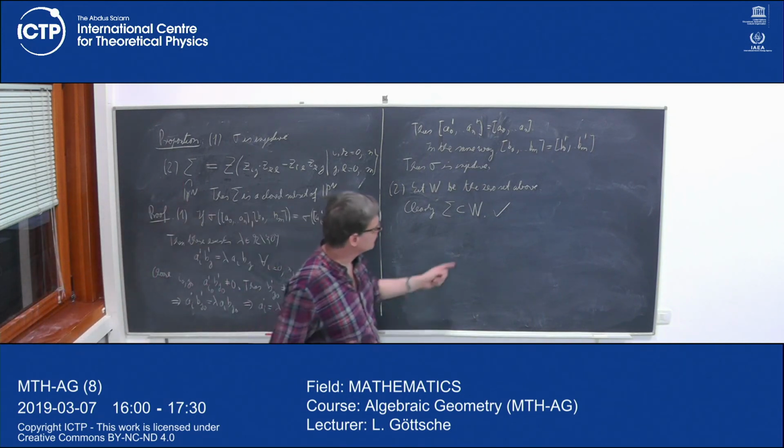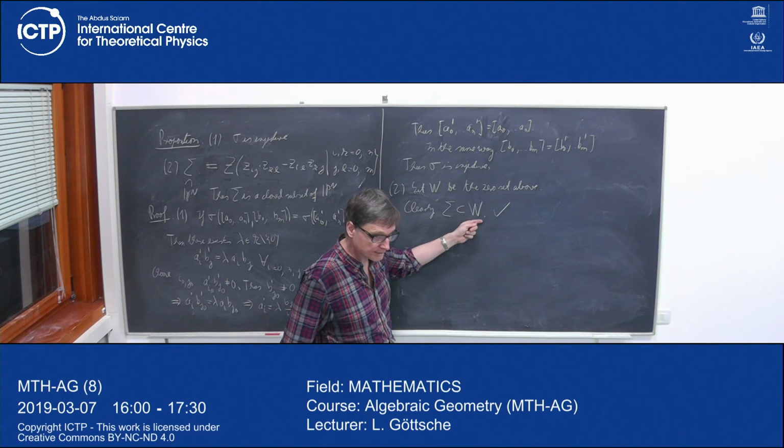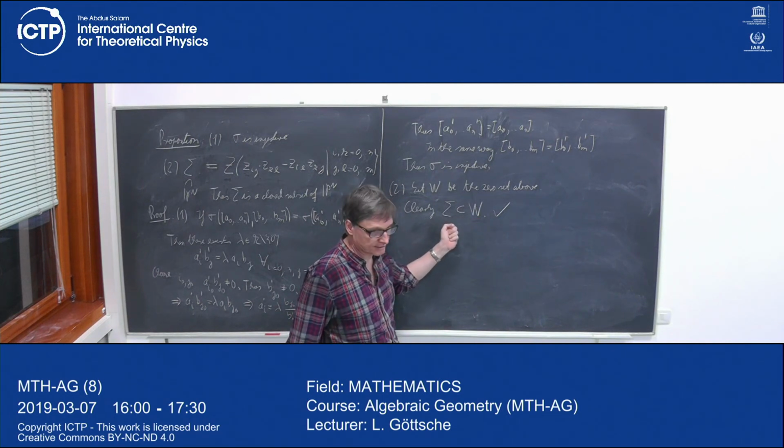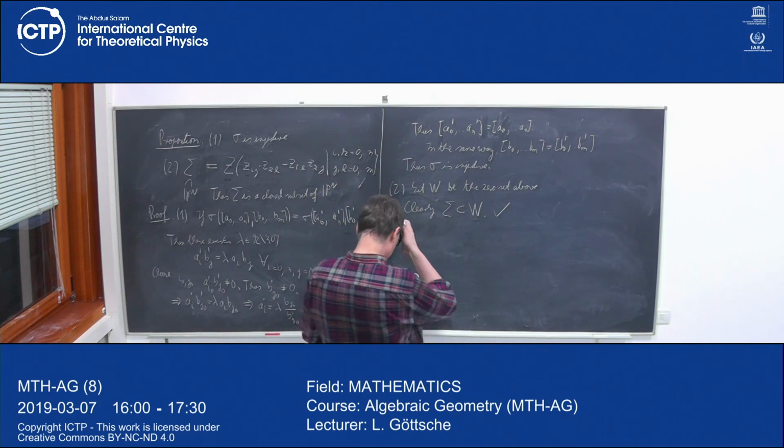So that if something lies in W, in the zero set, then it lies in the image. I have to find the A and B which are sent to it.